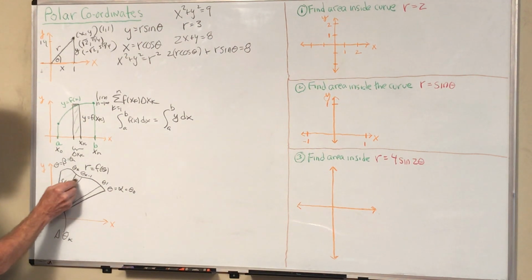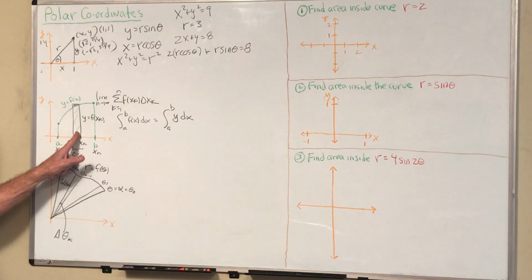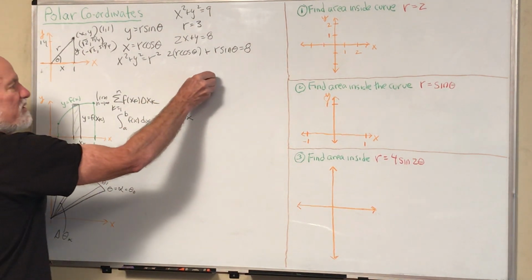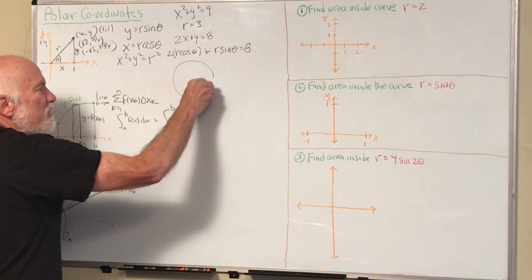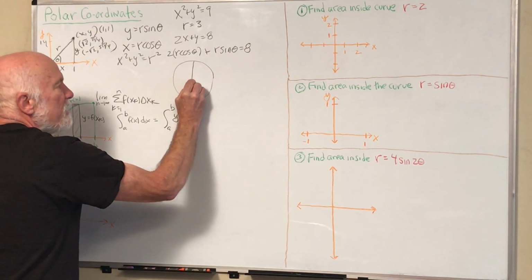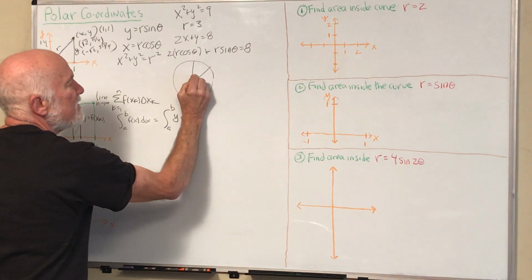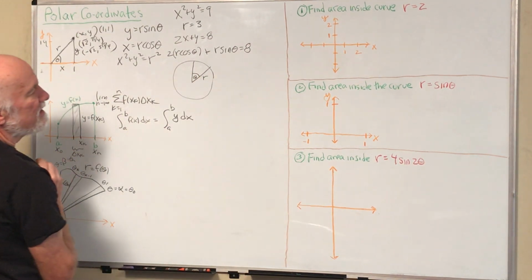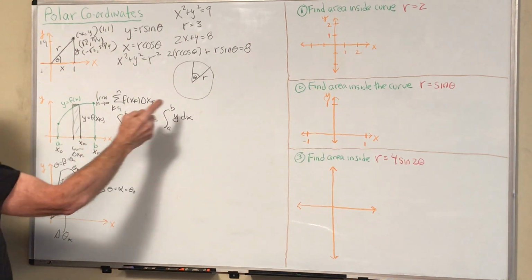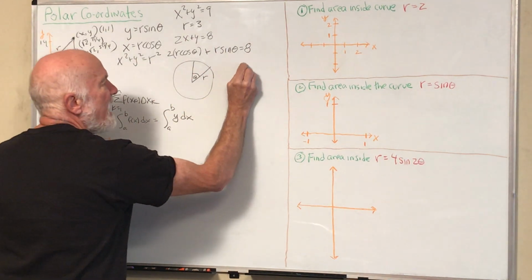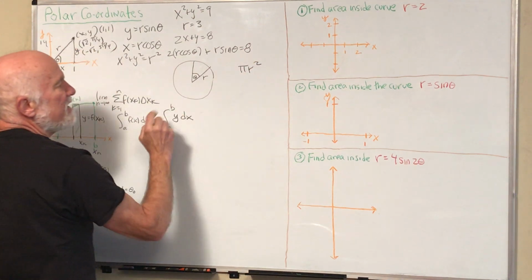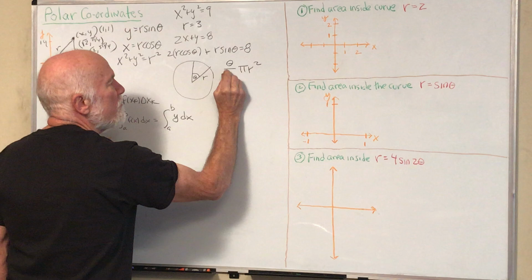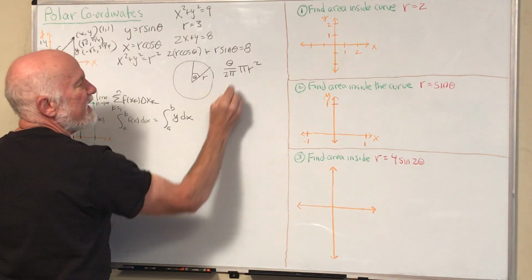Now the question is, this is not a rectangle, so what's the area of this slice? Well, it's going to depend on r and theta. So if you remember, if you have a circle, and that's theta, and this is r, we've got a total area of pi r squared, and what fraction of that do we have? We have theta over 2 pi.